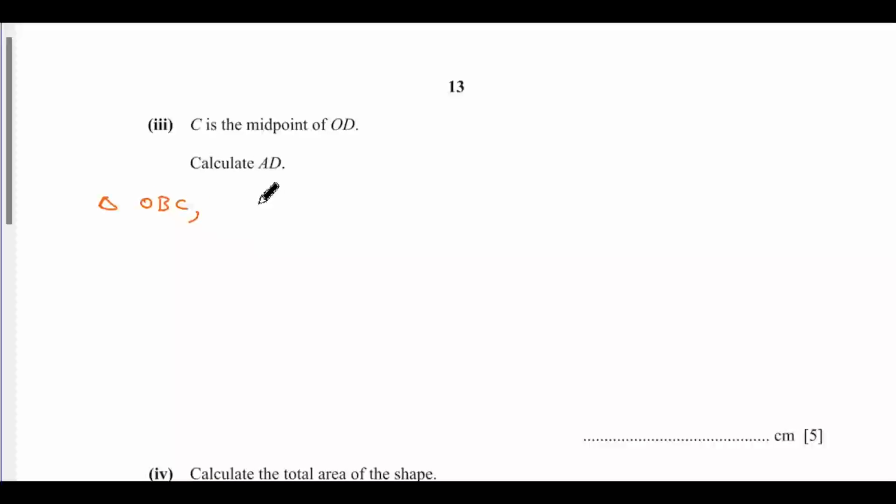So from triangle OBC, we have that OC squared is equal to OB squared minus BC squared, and that will be equal to 6 squared minus 2 squared. So this will give you 36 minus 4, that will be 32, and then OC will be square root of 32.